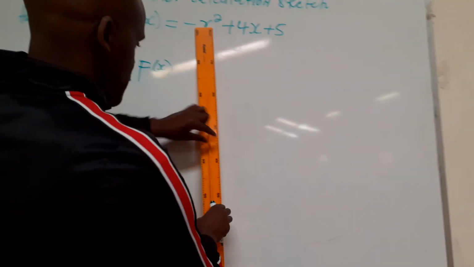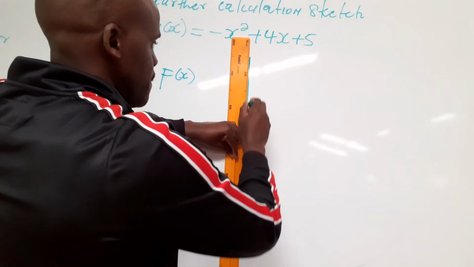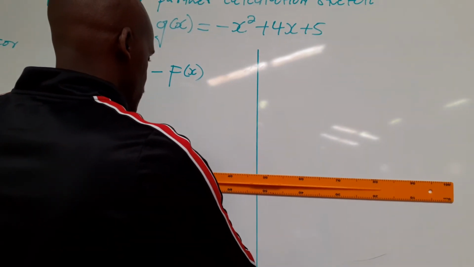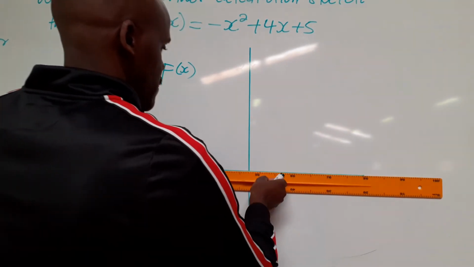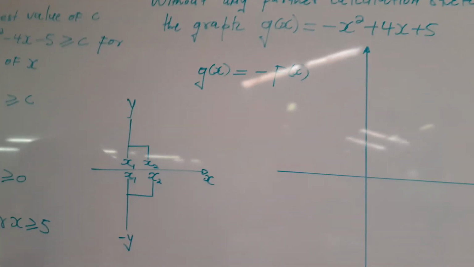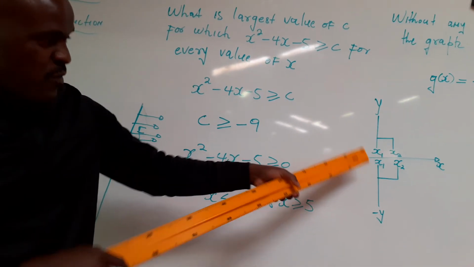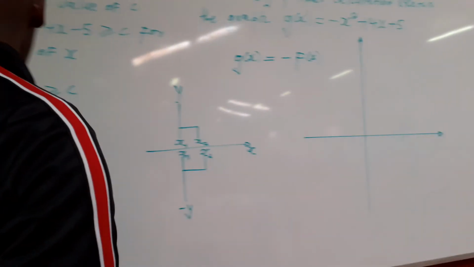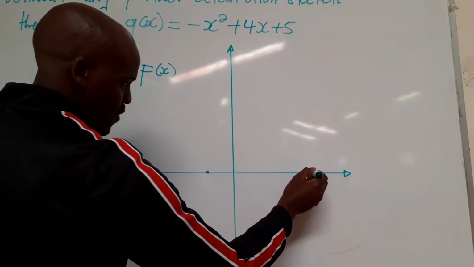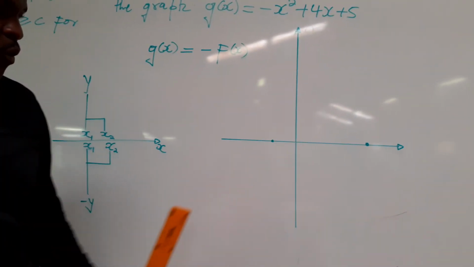Let's draw a Cartesian plane again. Write the graph of f here. It's concave up, but after reflection, it will be concave down. Remember, the x values don't change, which means our x-intercepts won't change.